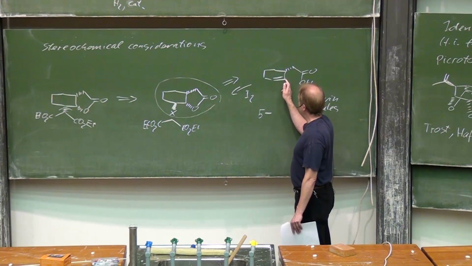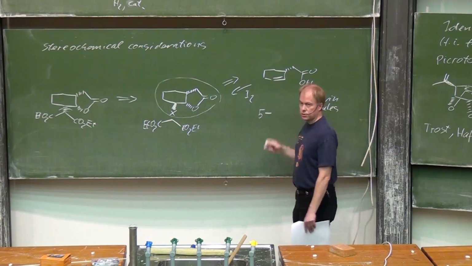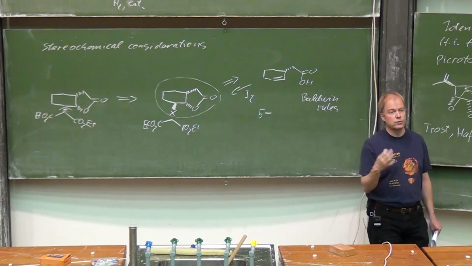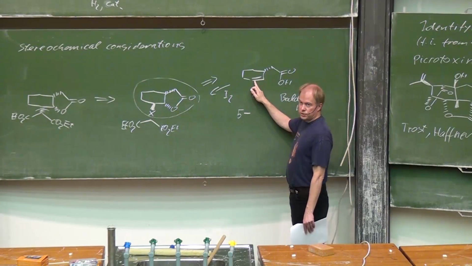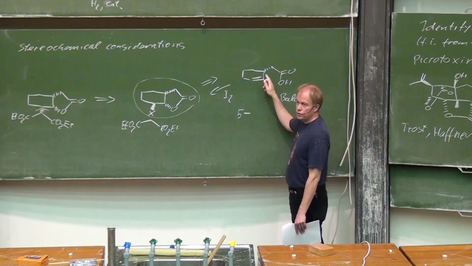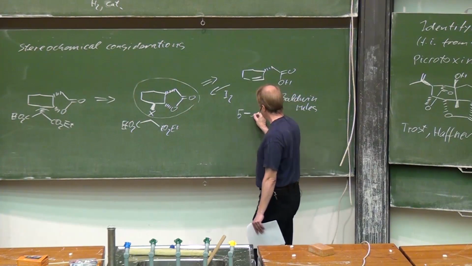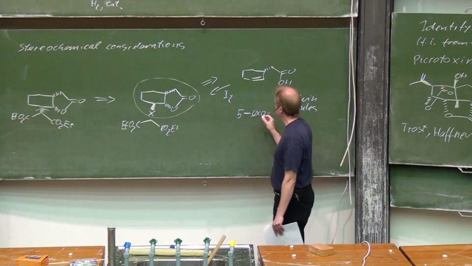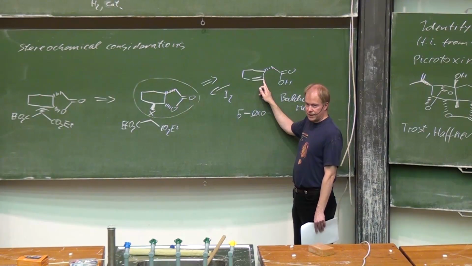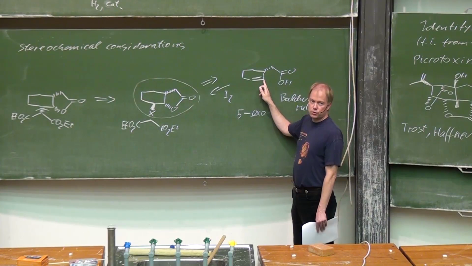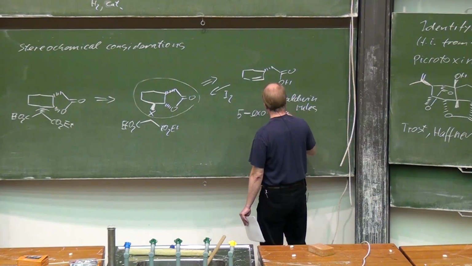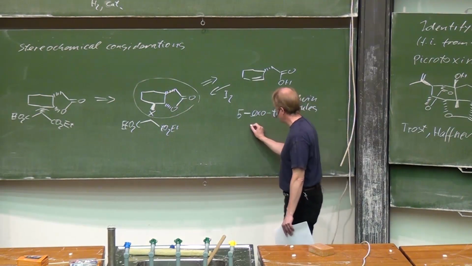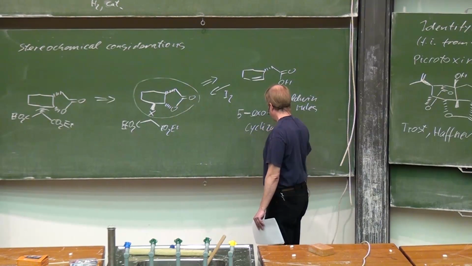This bond is formed, the double bond is broken to a single bond. That double bond is located outside the newly formed ring, so we have to add an exo here, and the reaction takes place at an sp2 hybridized center. That means a trigonal center. So it's a 5-exo-trig cyclization.